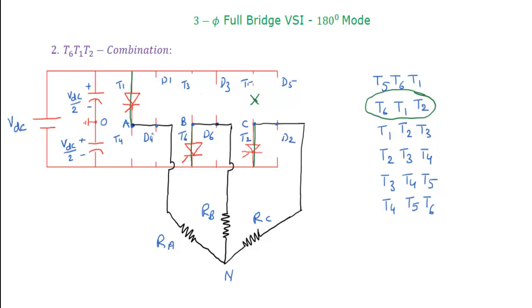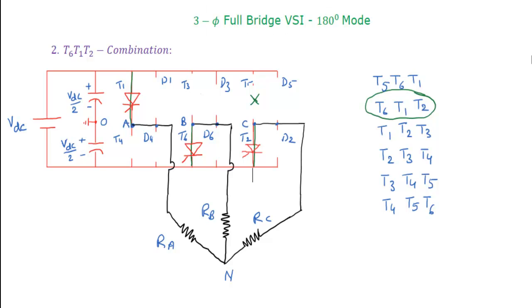Now you can see that phase A alone is connected to the positive terminal of the source, and phase B and phase C together are connected to the negative terminal of the source. As we discussed in the previous combination, whichever phases the thyristors connect to the positive terminal of the source will get positive voltage, and whichever phases they connect to the negative terminal will get negative voltage.